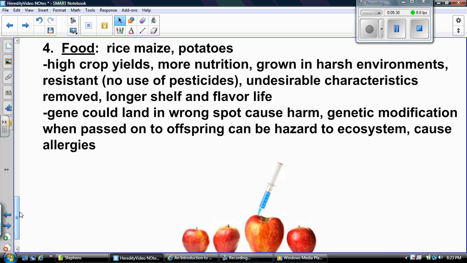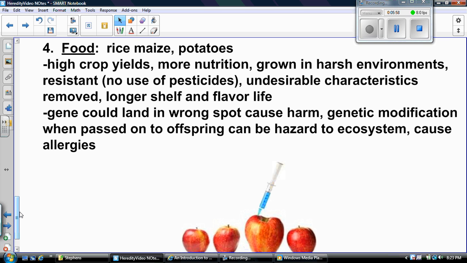And we also want to get rid of undesirable characteristics. And we want to have a longer shelf and flavor life. So what they do is they look for genes that can do all these targets. And that's what they'll do in search, or they'll breed only those types of plants that don't have any undesirable characteristics or traits.